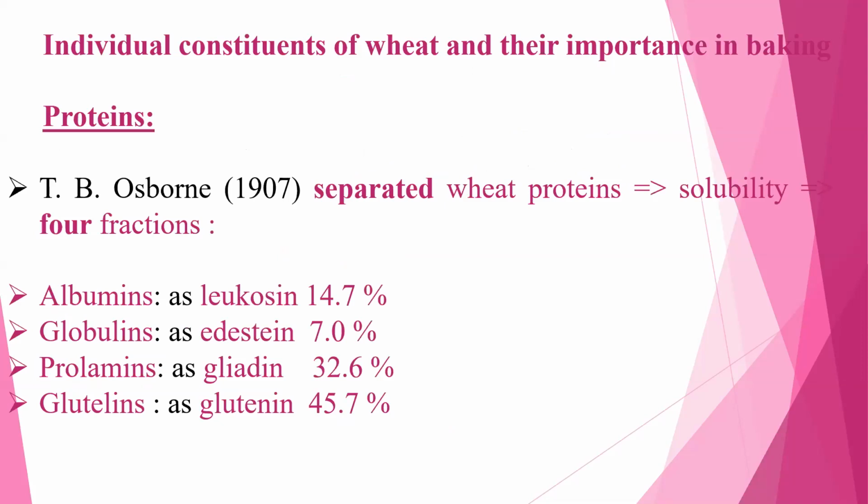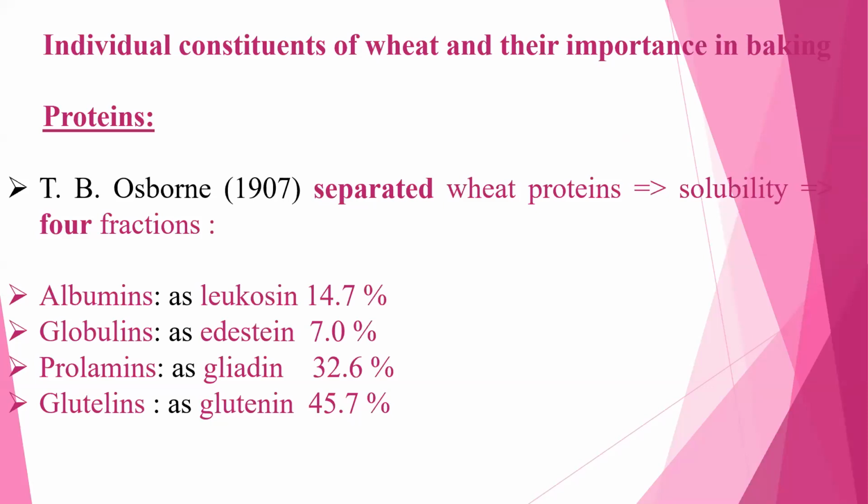Now, we will discuss the individual constituents of wheat and their importance in baking. First of all, let us talk about proteins. T.B. Osborne was the scientist who separated wheat proteins in 1907 based on their solubility into 4 fractions, that is albumin, globulin, prolamins, and glutelins.